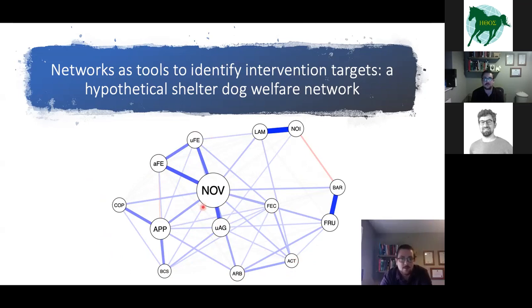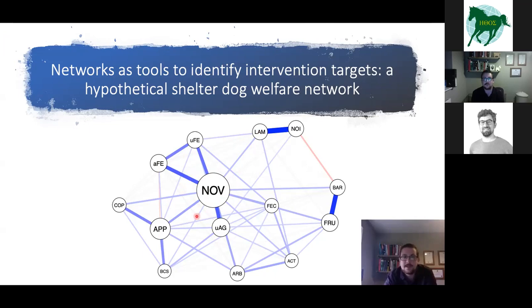What this network shows us in particular is that this novelty node here is a larger circle. This is just one way we can present this information: if I sum up all the connections that a node has, and call that my measure of influence, then the size of the node in this graph represents that.